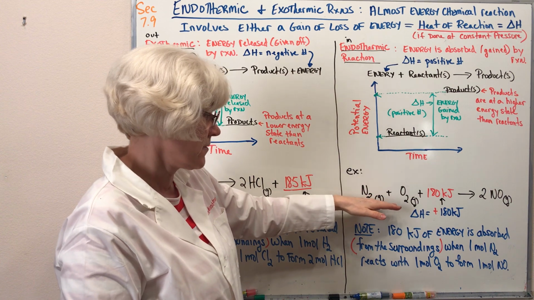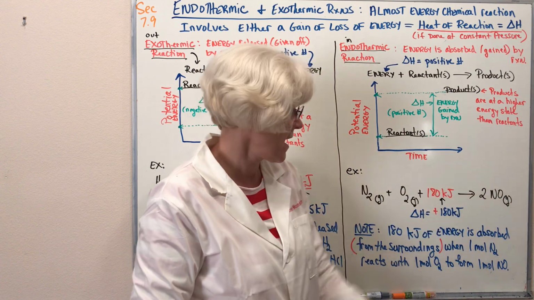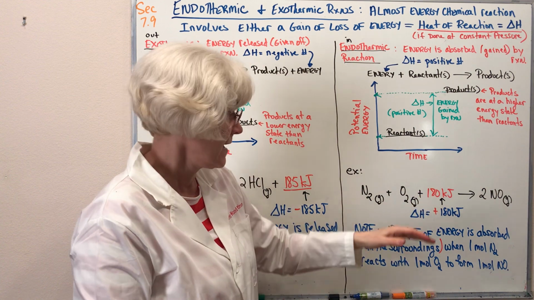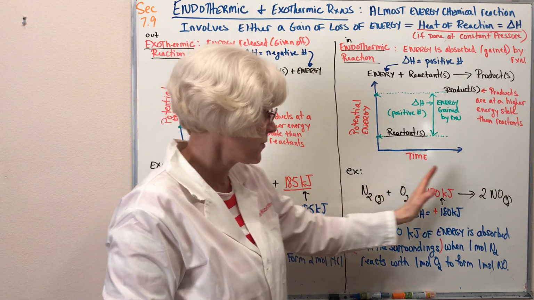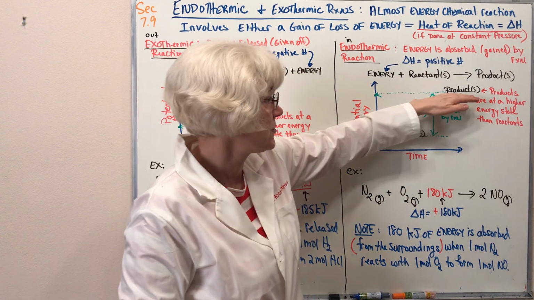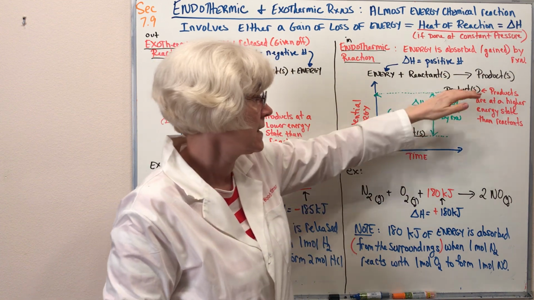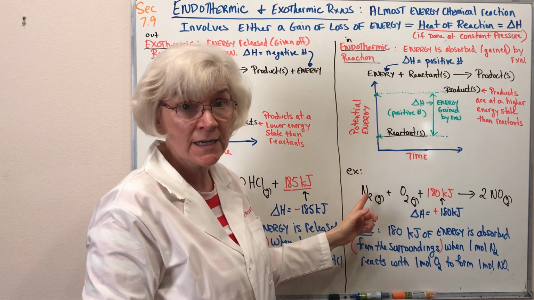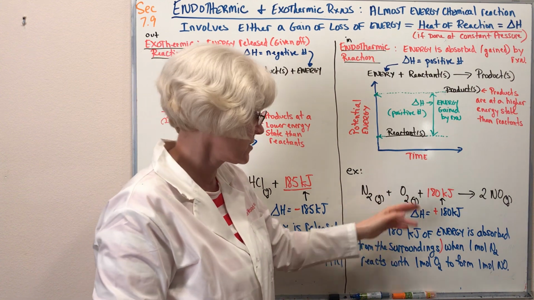An example would be the reaction between nitrogen gas and oxygen gas to form nitrogen monoxide. We see here that energy is showing on the reactant side, meaning that nitrogen and oxygen have to absorb energy in order for this reaction to proceed to form nitrogen monoxide. The nitrogen monoxide is at a higher energy state, therefore less stable, its bonding arrangement less stable than the bonding arrangement found in either elemental diatomic nitrogen or diatomic oxygen.